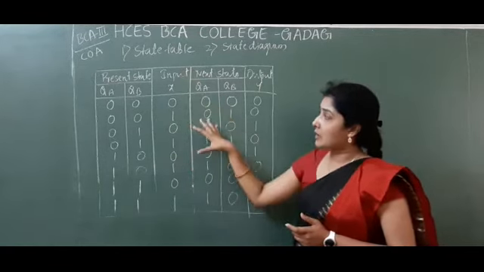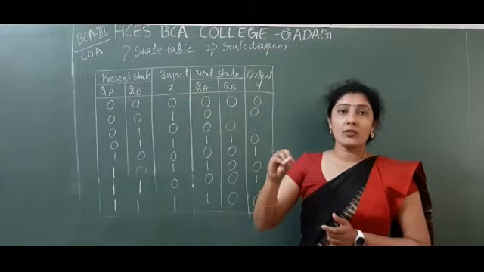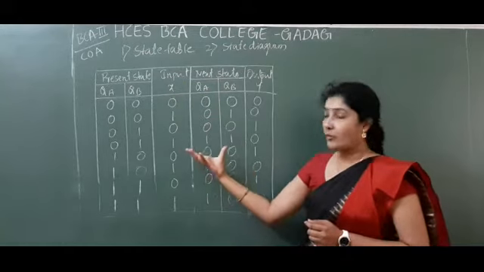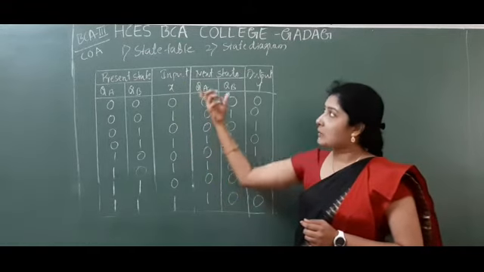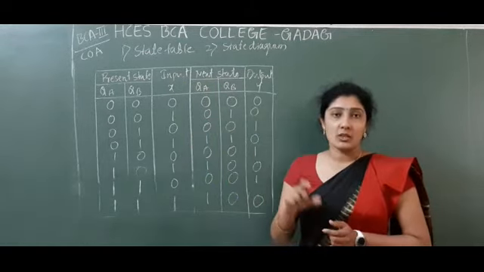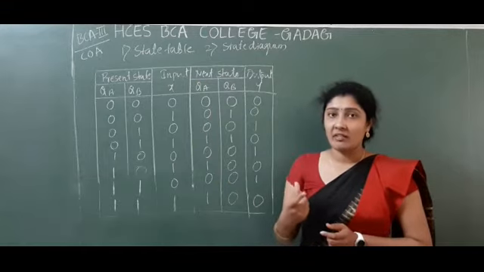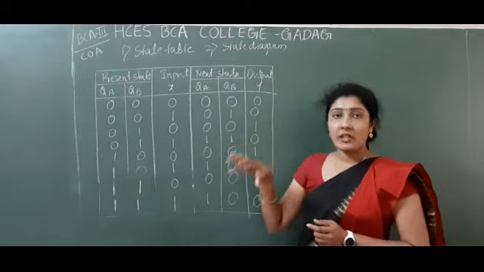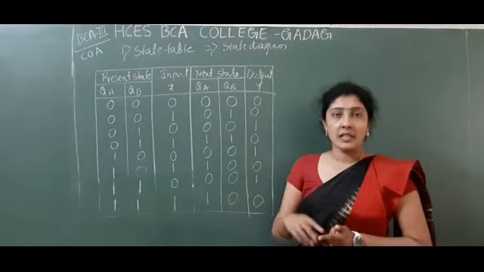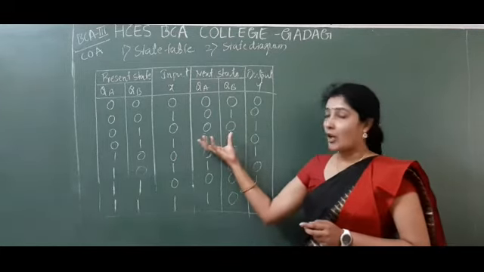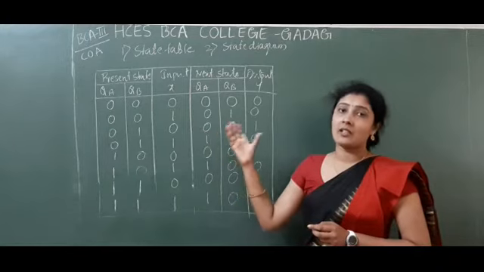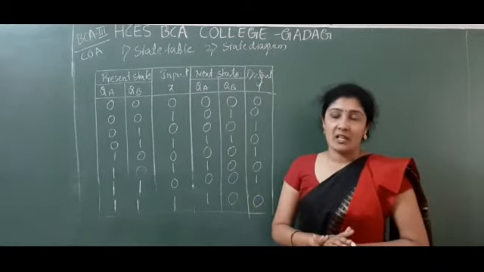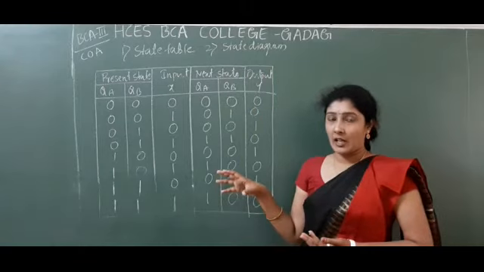It is the behavior of the flip-flop, described in the form of a table, which is called a state table. So how to define it? A state table is the behavior of the flip-flop described in the form of a table. Then what is the state diagram? The state diagram I will draw now.